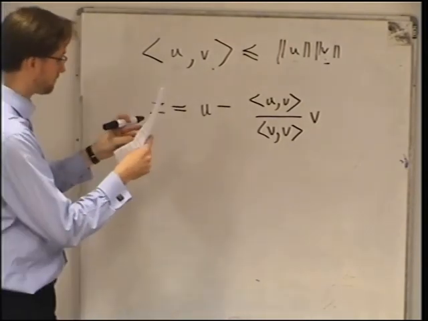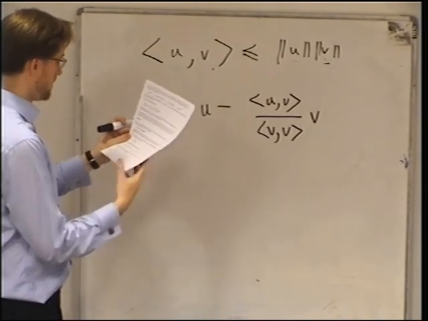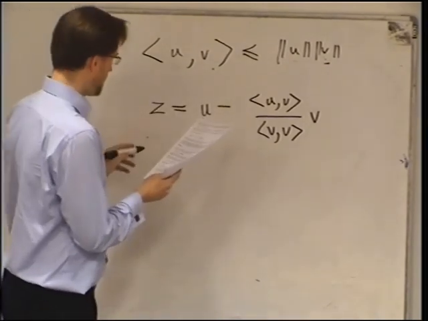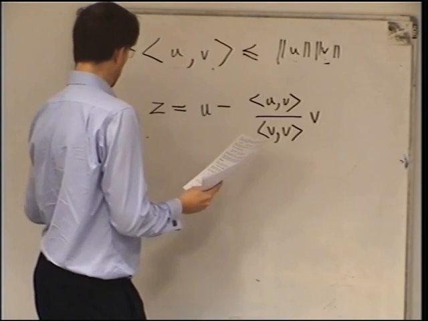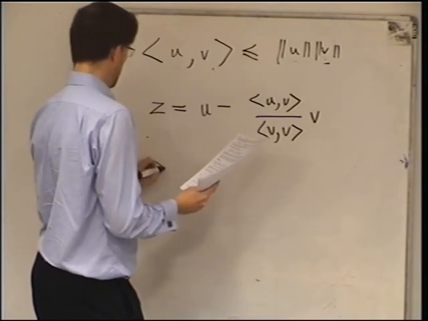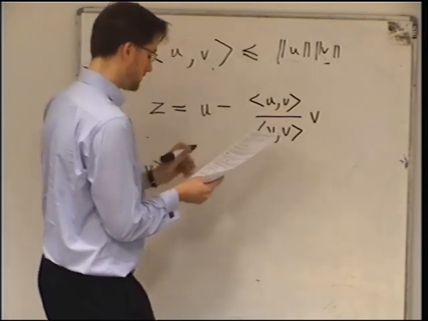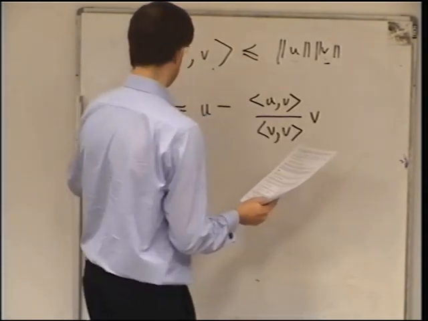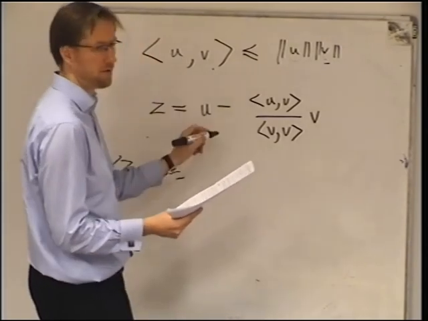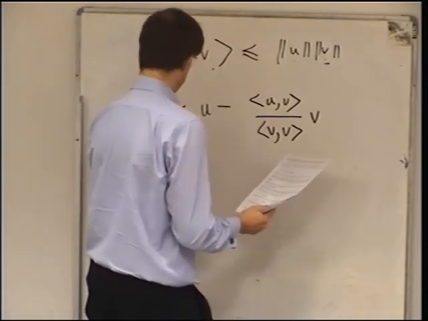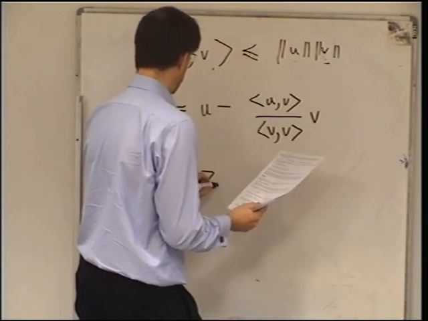And we're going to take the product of z with v. So z inner product with v is going to be equal to, I'm just going to use the linearity argument here.